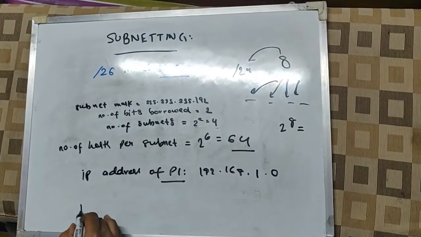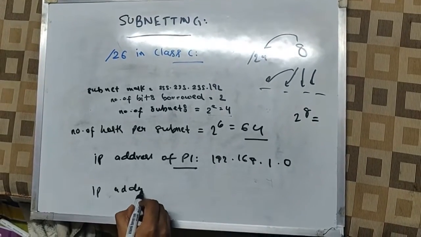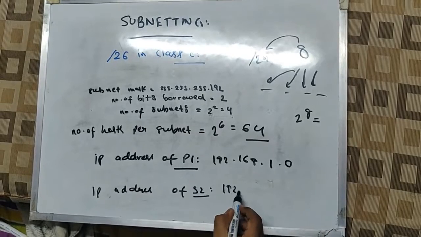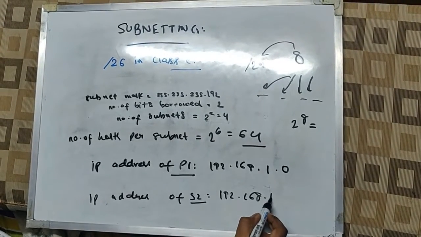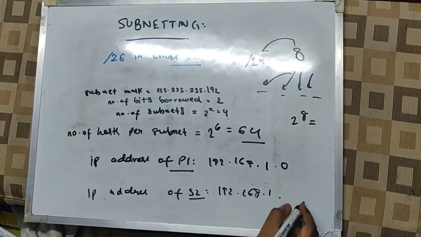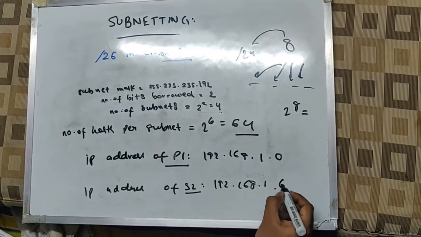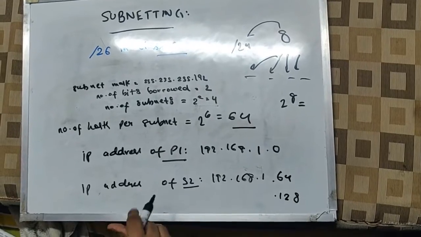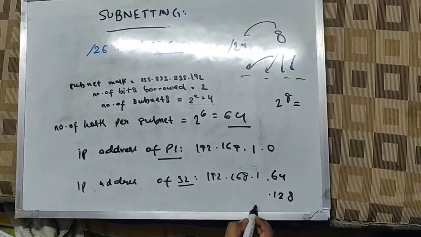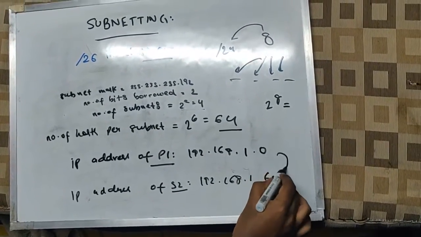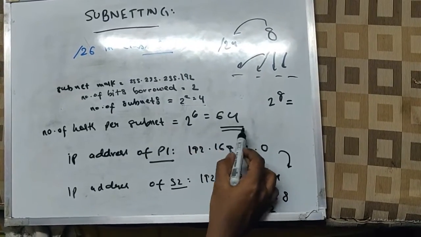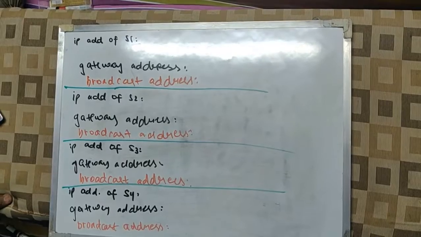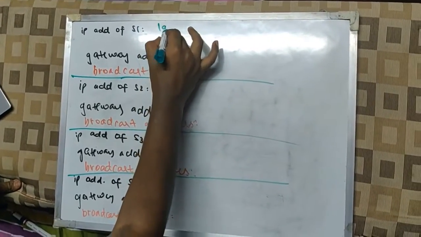The IP address of subnet 2 will be 192.168.1, and you can guess it's going to be 64. For the third part it is going to be 128, and for the fourth part it is going to be 192. We simply added 64, which is also known as the block size.